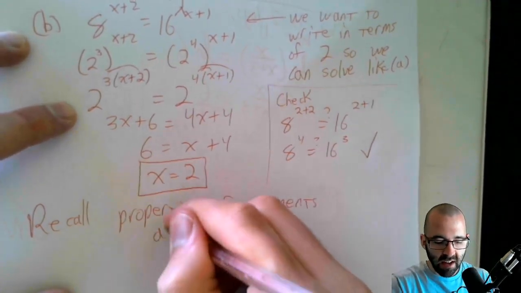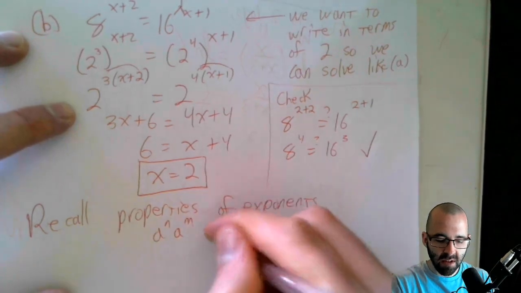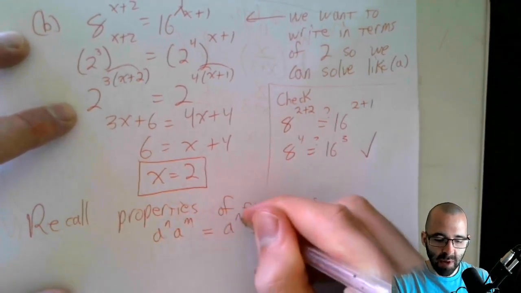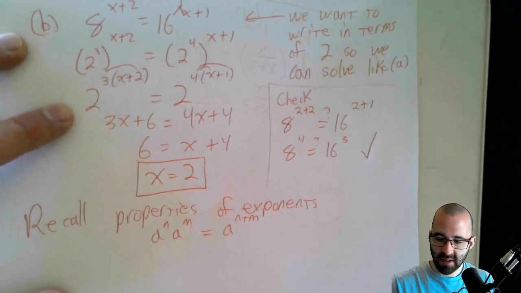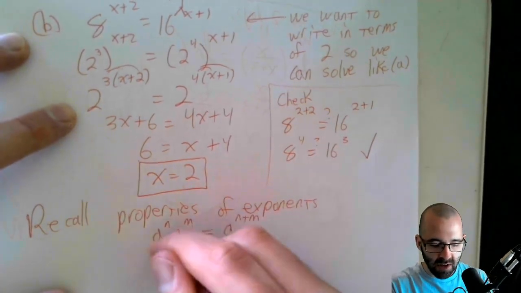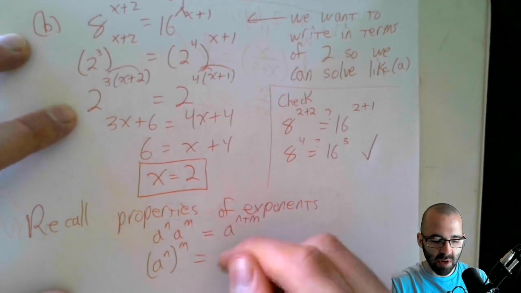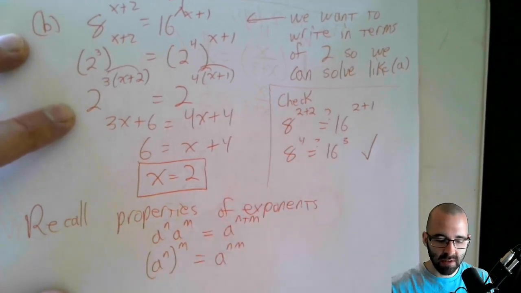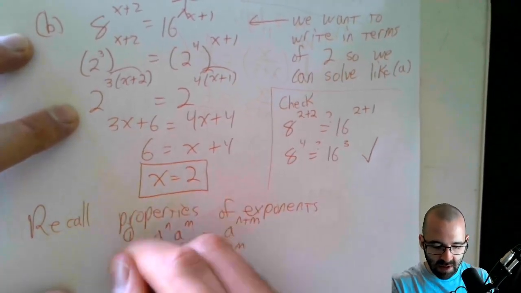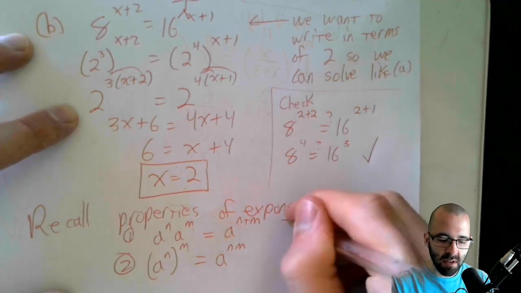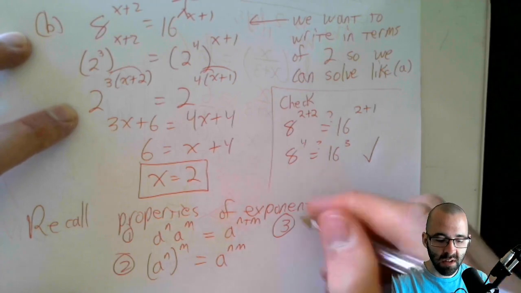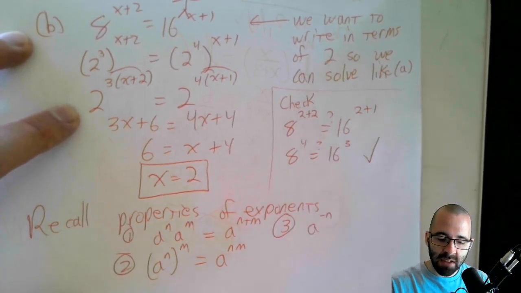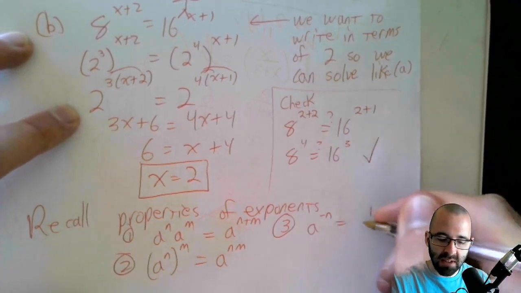So, right, if I have a to the n times a to the m, we add those exponents. Right? And just like before, if we had an exponent raised to an exponent, we multiply those exponents. Give these cute little numbers. And then 2 more really big ones. If we have a negative exponent, that means reciprocal.